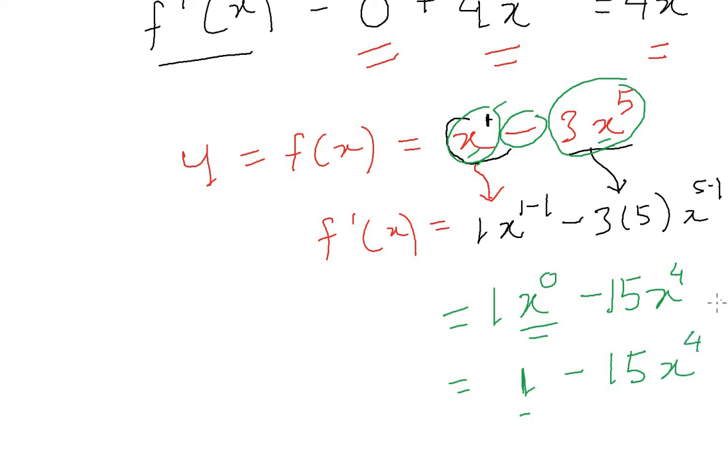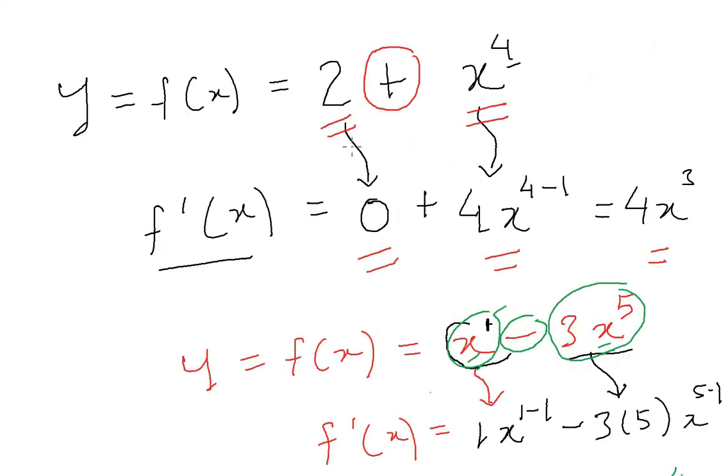So there are a few important lessons here you should take before you move on. So first of all, if there is only a constant like this 2 here, then you're going to apply rule 1. However, if there is a variable x, right?